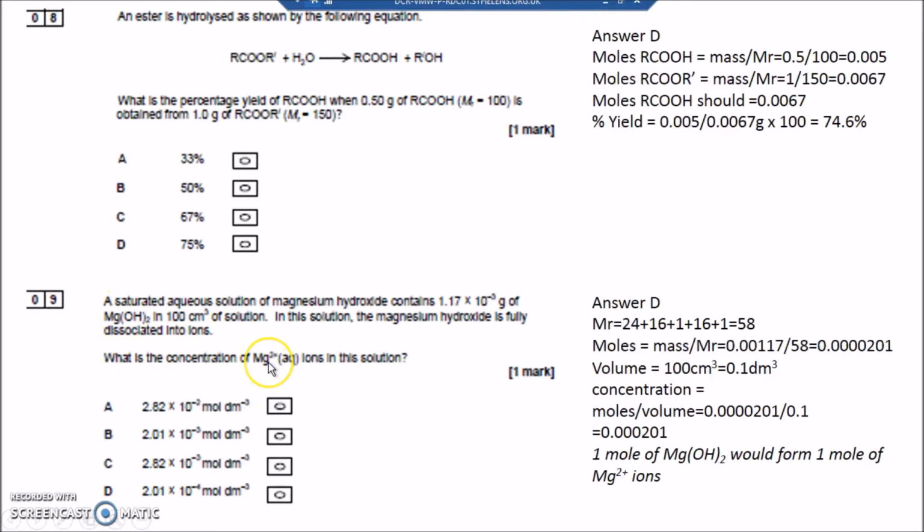It'll make 2 moles of OH- ions, but 1 mole of this makes 1 mole of this. So my number of moles of magnesium hydroxide equals the number of moles of Mg2+ that I make. So it's the same. 0.00201 is the concentration of Mg2+ that I'll make from Mg(OH)2. Another way of writing that is 2.01 times 10 to the minus 3. The answer is D.